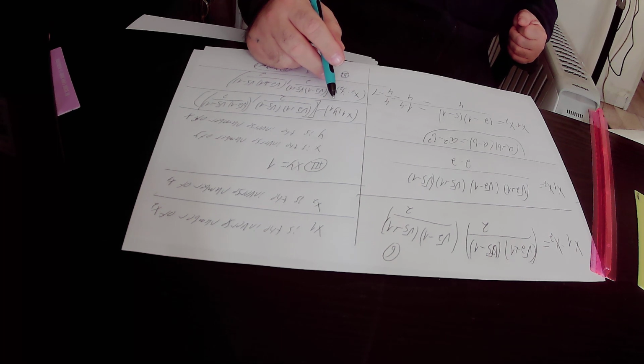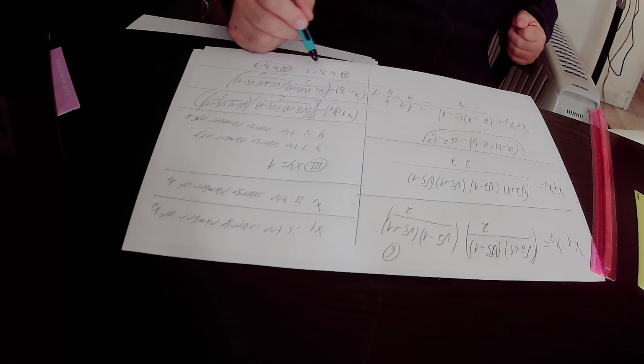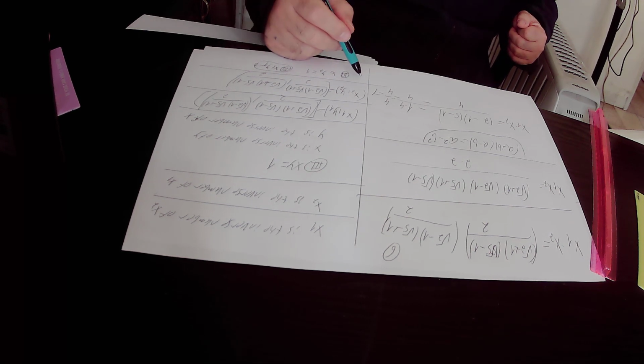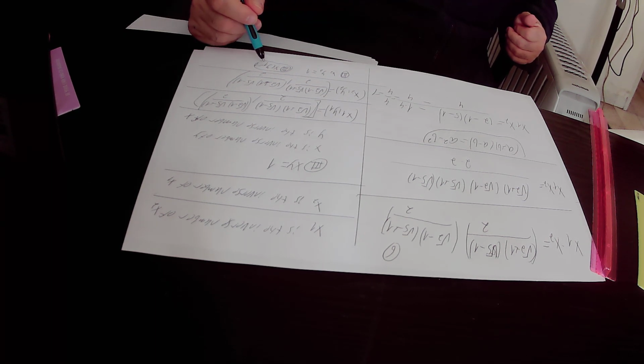And here we have x2 times y2 must be equal to 1, that is to say x2 is the inverse number of y2 and y2 is the inverse number of x2. We already found out that x1 is the inverse number of x2, therefore y2 will be equal to x1.